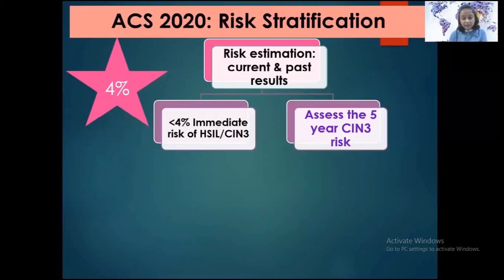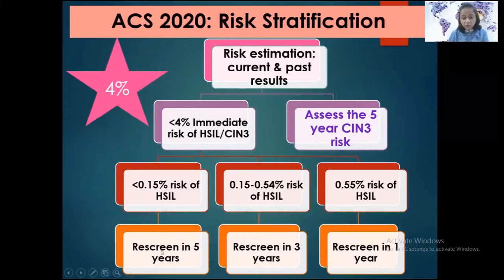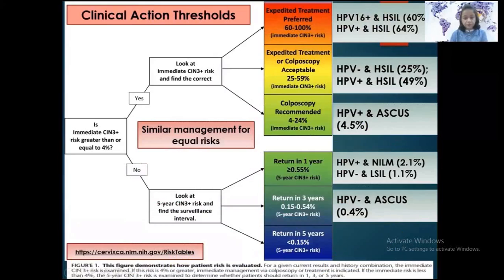And if it is less than 4%, then we have to assess the 5-year risk of CIN3 development. And depending upon the individual risk values, the female is then called for rescreening at 1, 3, and 5 year intervals.